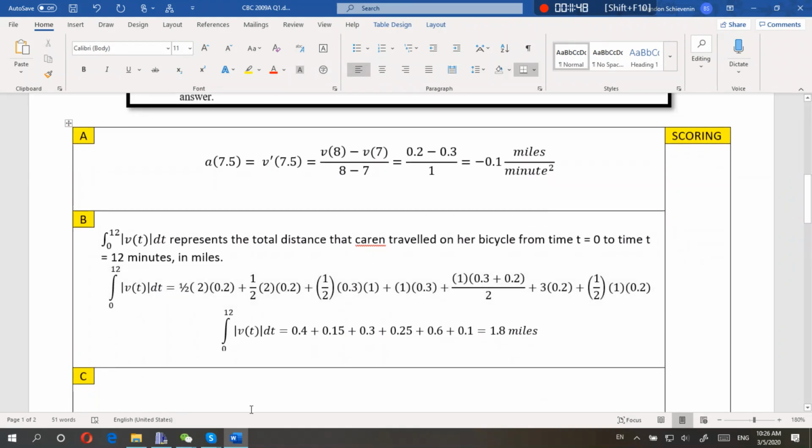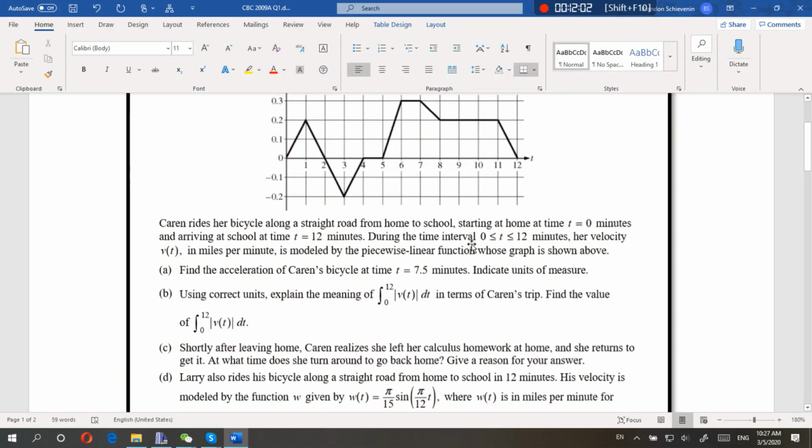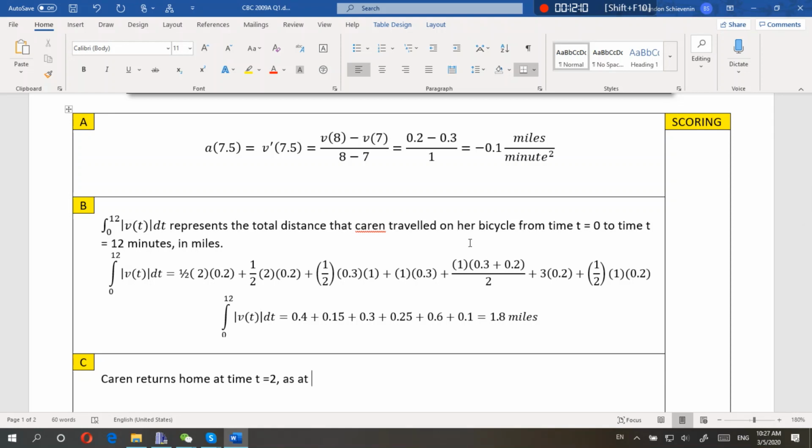Okay. So Karen returns home at time t equals 2. What's your reason? Because at t equals 2, her velocity is 0, which means she turned around.